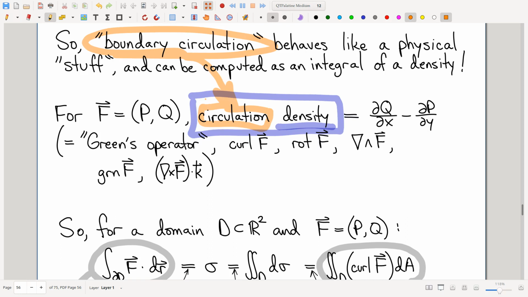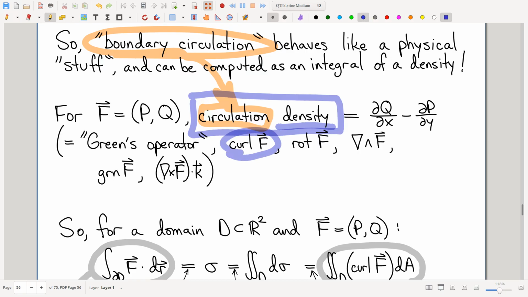I suppose we could call it boundary circulation density, but I think the boundary part is implicit. There are various different notations for it.